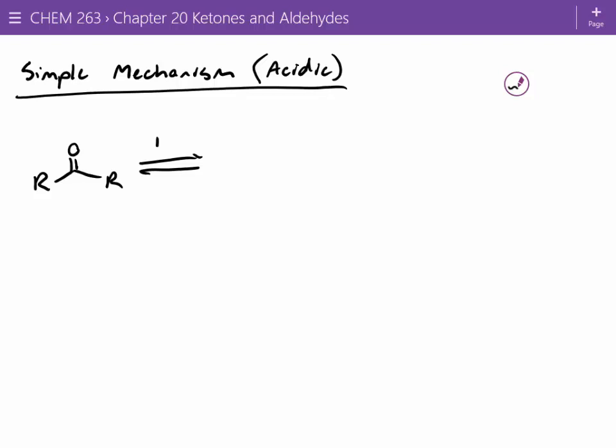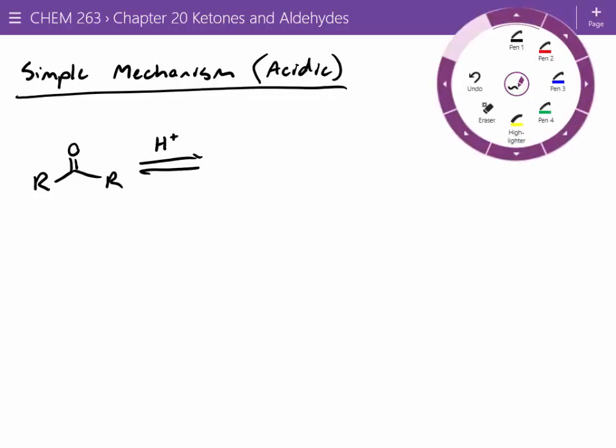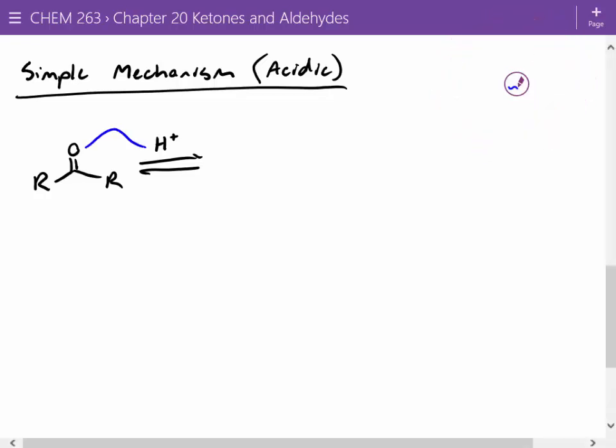Acid-base, so that's going to be the first step instead of the last step. And where's the basic site? Not the carbon. The carbon has a partial positive. The oxygen, right? The oxygen has a partial negative. That makes it a reasonably good base.